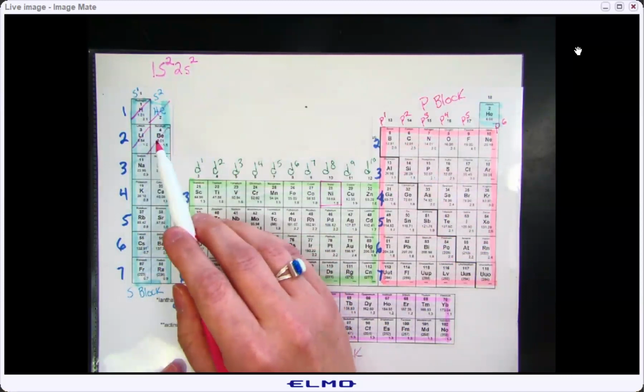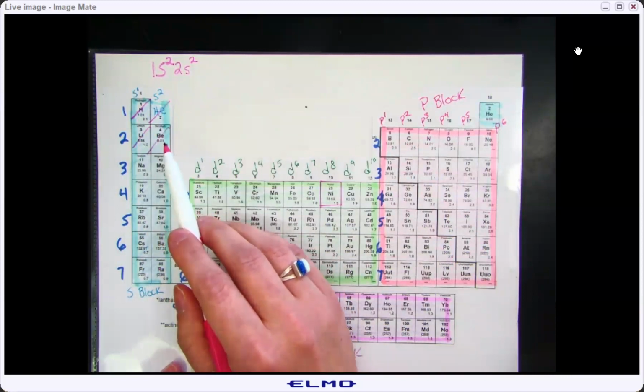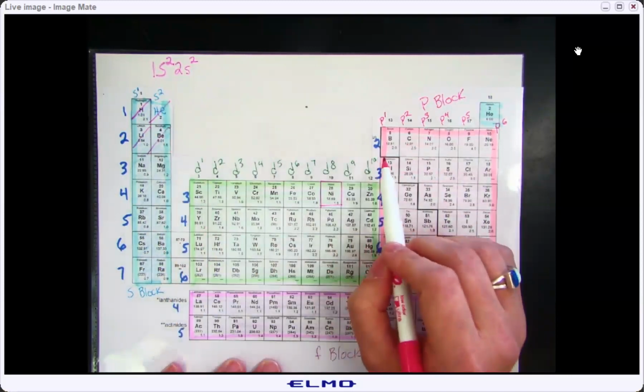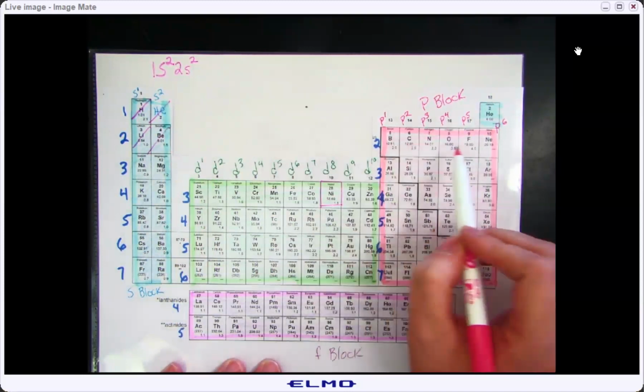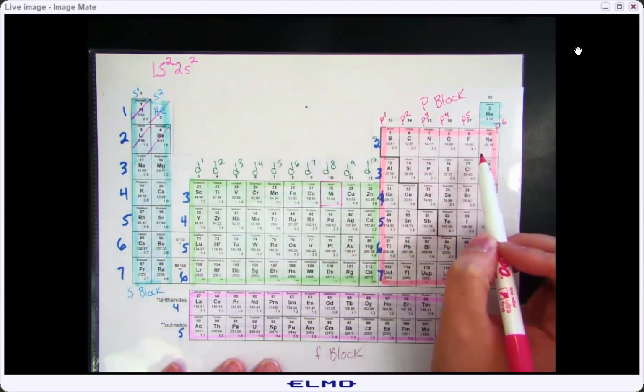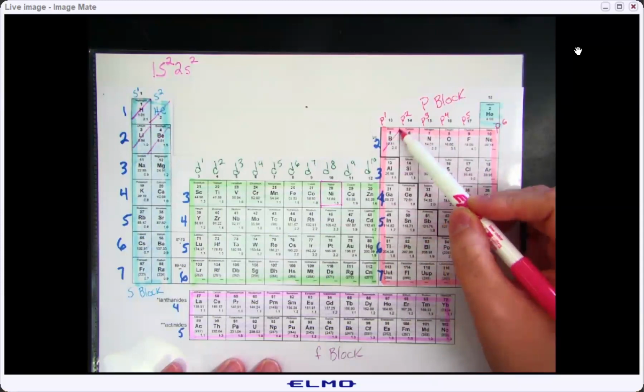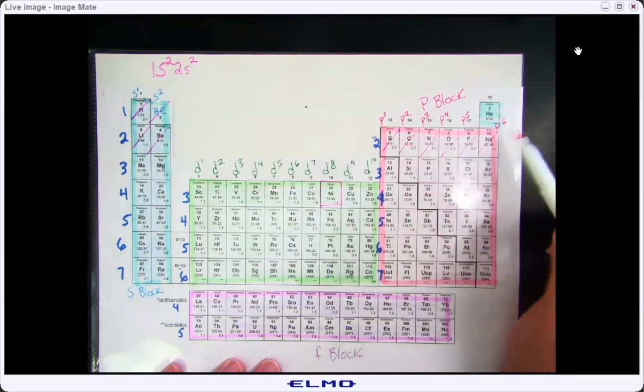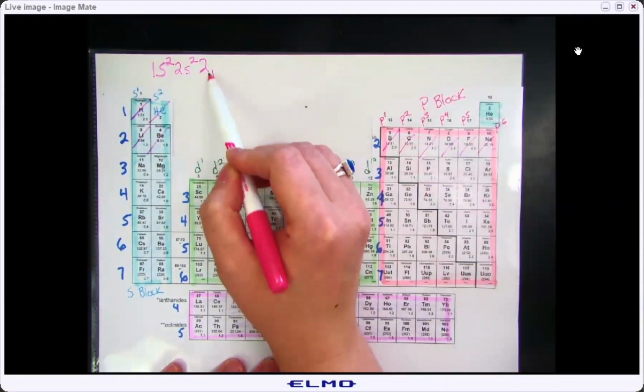After the 2s gets filled up, because it can only hold 2 electrons, we then go to the 2p orbitals. There are 3 2p orbitals. We won't really see that represented in the configurations, but we can see that in total they can hold 6 electrons. So the next would be 2p6.